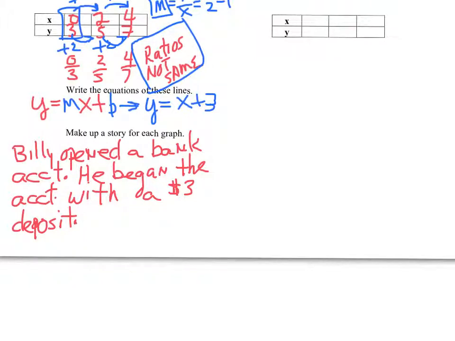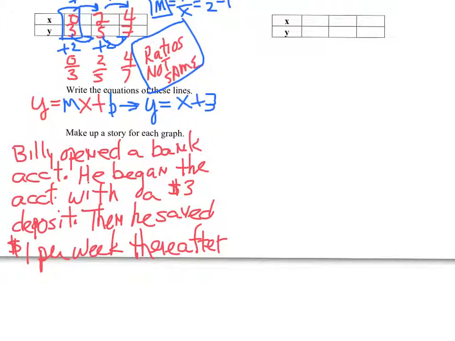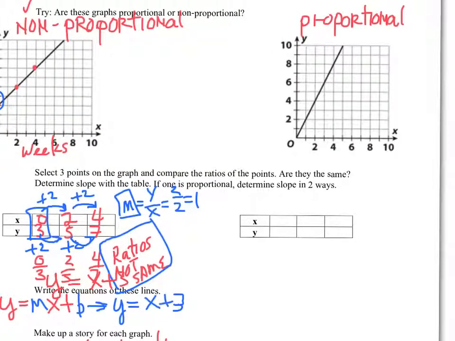Then he saved $1 per week thereafter, which gives us the equation y equals a slope of $1 per week, which is 1 times x, plus 3 is the y-intercept.